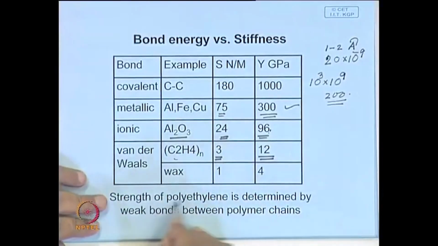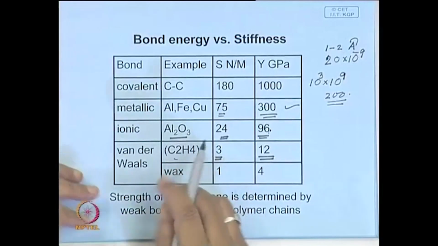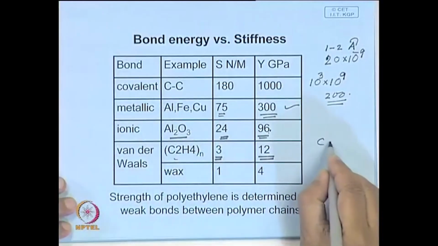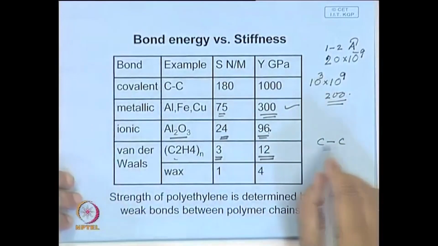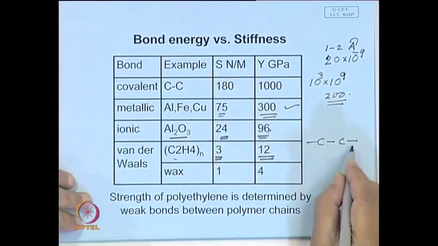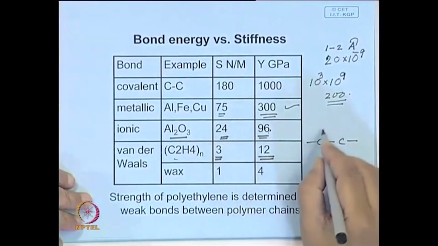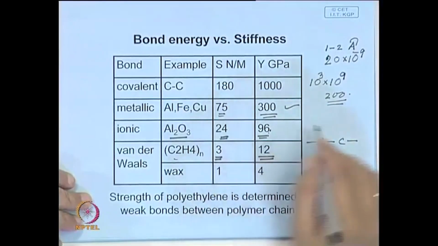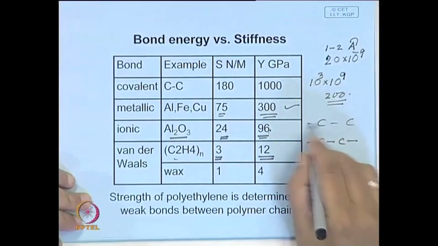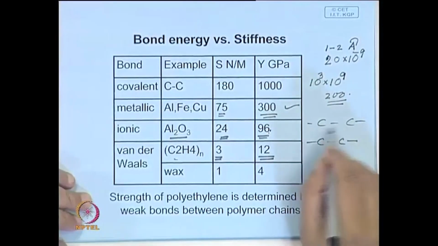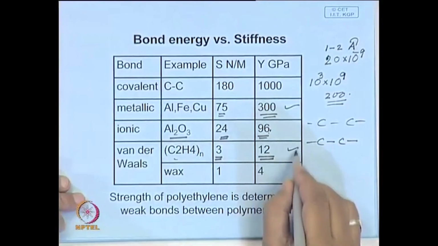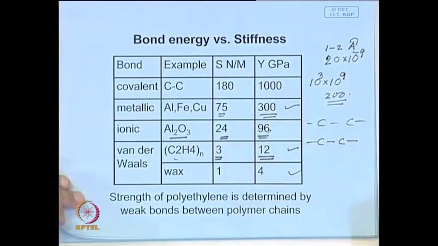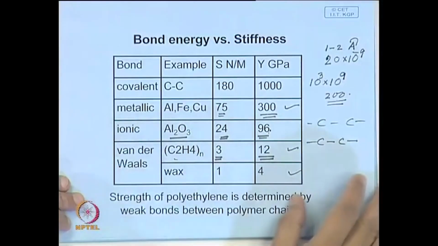If you look at the carbon carbon bond, it is very strong, but in a polymer, along the chain it has high strength, while its strength is primarily determined by van der Waals bonds, which are between chains. So, it will be several chains, and between chains there is a van der Waals bond. So, its strength here, here and here is primarily determined by the van der Waals bond.